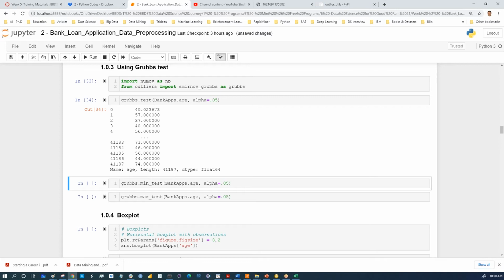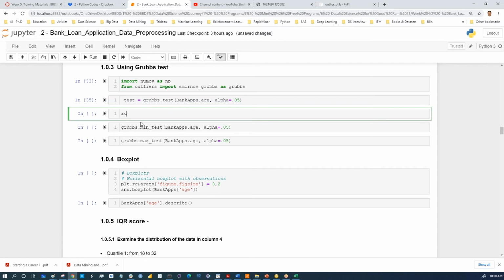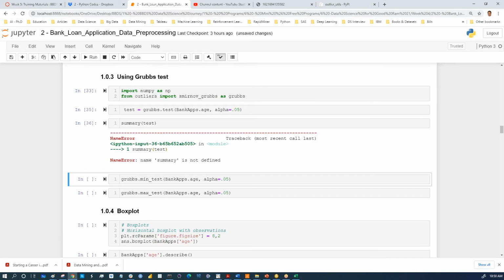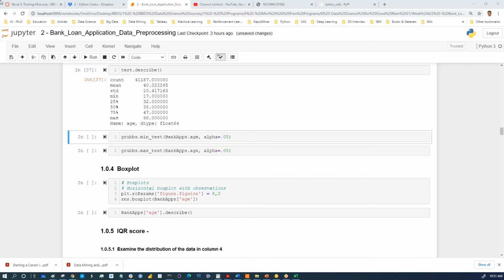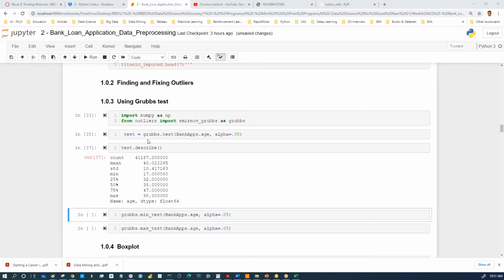I was expecting to see a p-value. I simply want to try something. I don't know if it's going to work. Summary. No, this graph is not what I'm looking for. I'm looking for the p-value.